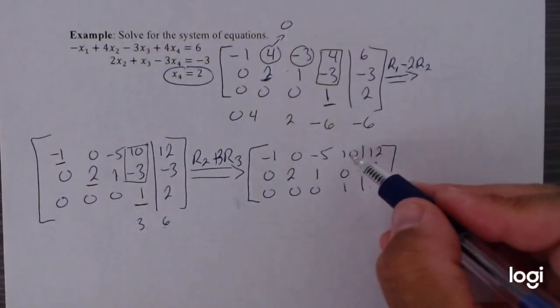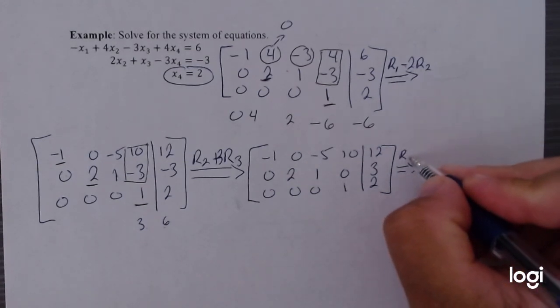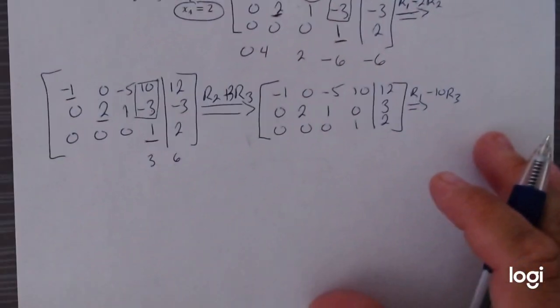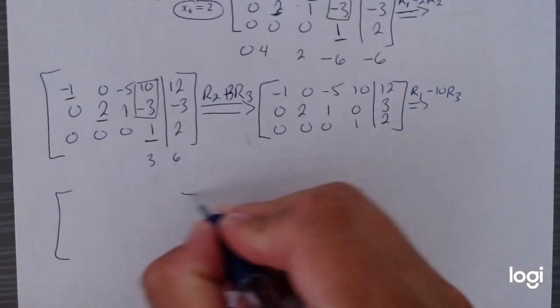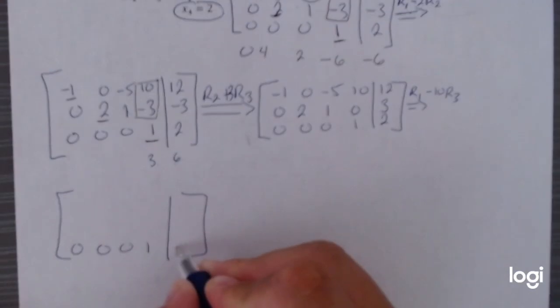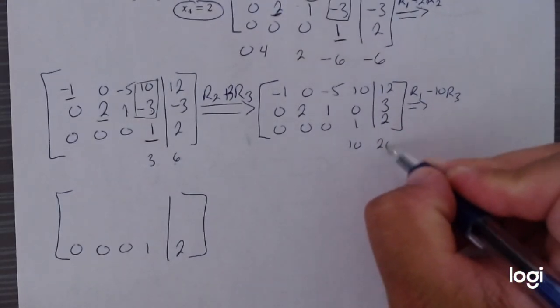Okay, and then we just do it one more time with the 10. So I'm going to now do row 1 minus 10 times row 3. So this can be 10 and 20.